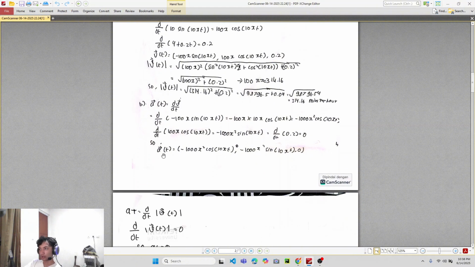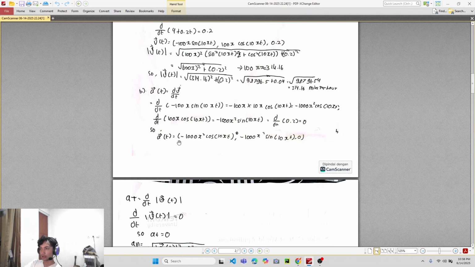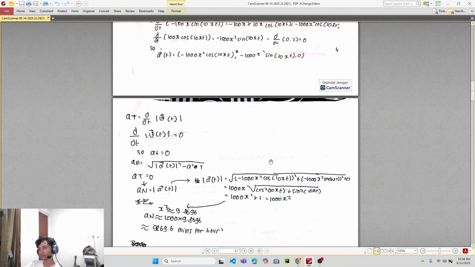So a is <-1000π² cos 10πt, -1000π² sin 10πt, 0>.